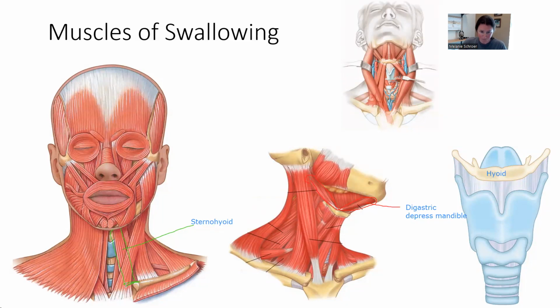And so again, this muscle, the sternohyoid, originates down here on the sternum, and so it can pull the hyoid down and therefore move the larynx for the process of swallowing and, of course, returning back to its original configuration. So the sternohyoid is responsible for depressing the larynx via moving the hyoid bone.